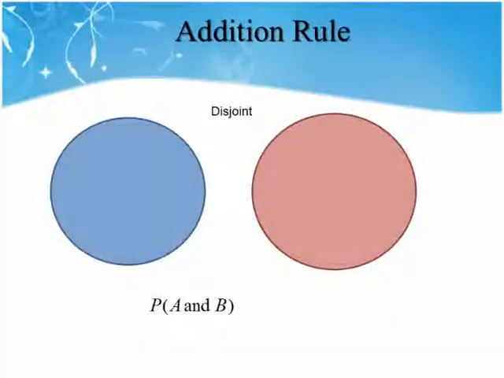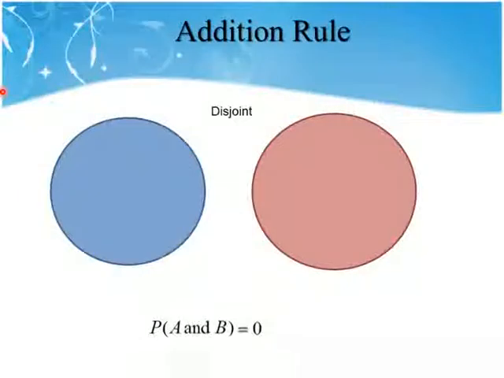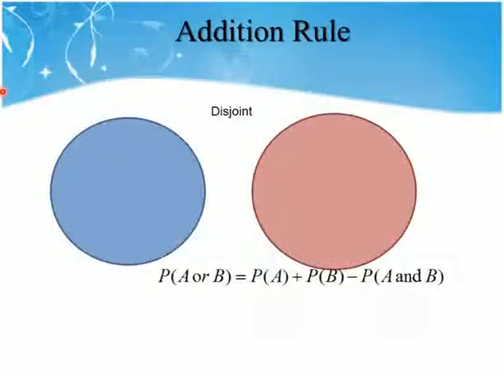If they're disjoint, then the probability of A and B occurring is 0. In other words, the probability that we're in the blue circle and in the red circle is 0. We can't be in both of them. In which case, when we calculate the probability of A or B occurring, we have to subtract off the probability of A and B occurring.